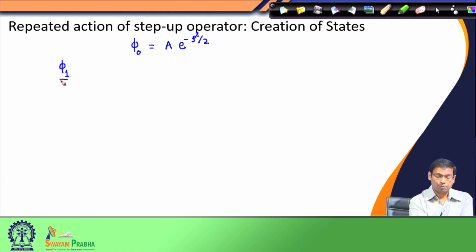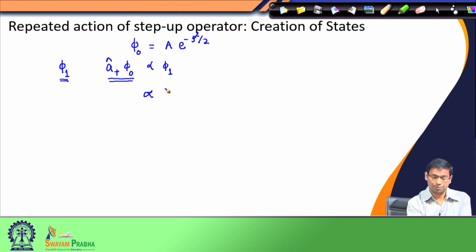To obtain phi 1, what we will do is apply this step up operator a plus on phi 0, and this we know is proportional to phi 1. When a plus, the step up operator, acts on the phi 0 function, it gives me phi 1. I know the functional form of the a plus operator, so let us do this. I am continuing this discussion.